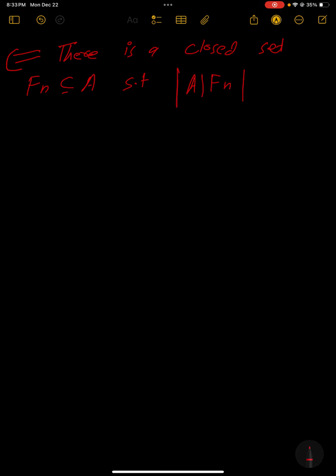So our supposition is that there is a closed set Fn containing A such that the outer measure of A difference Fn is less than 1 over n for all n belonging to N.